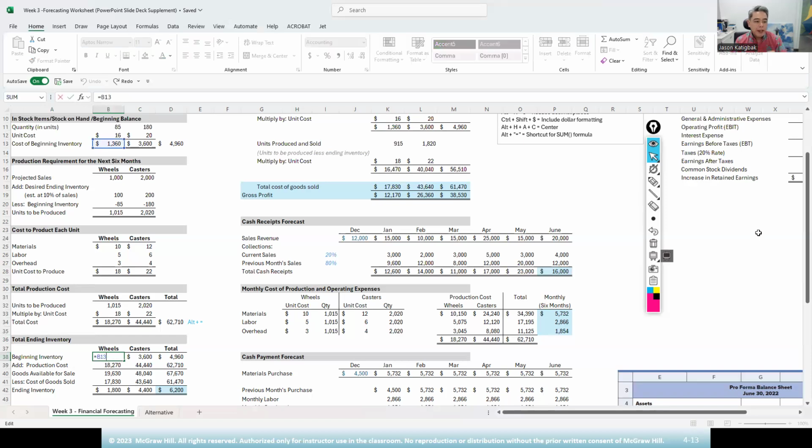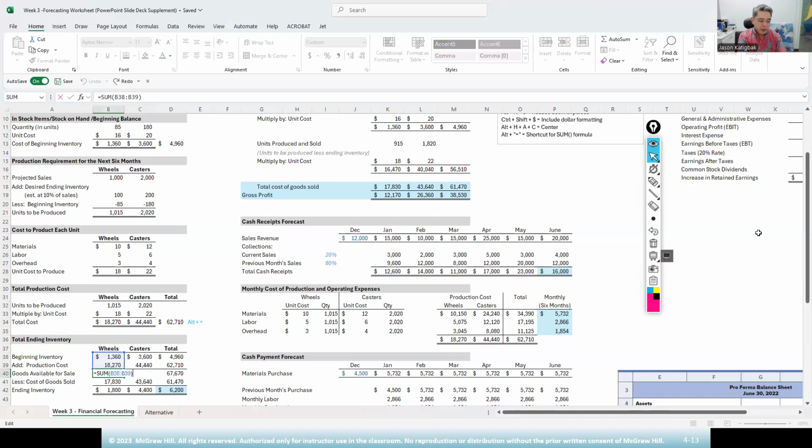I'll press F2. How did we get the beginning inventory balance, the dollar amount? I linked it up from a prior schedule, and then even the total. What about the production cost? The production cost for the current period, I have a schedule above. I just multiply it and bring it down.